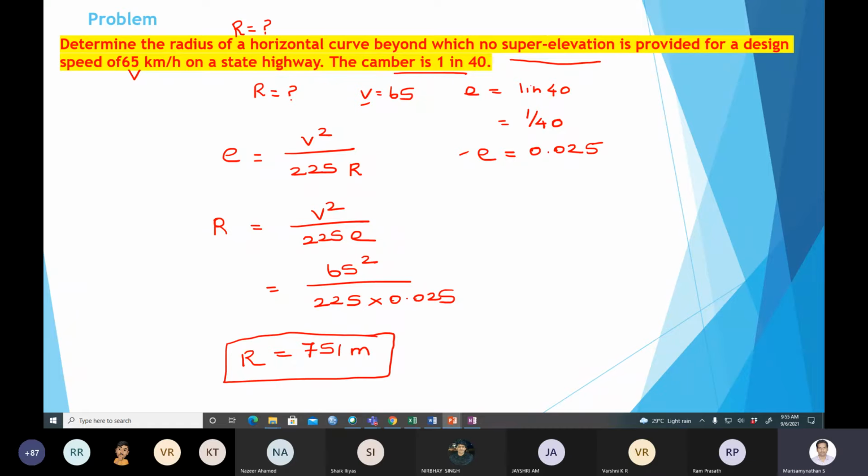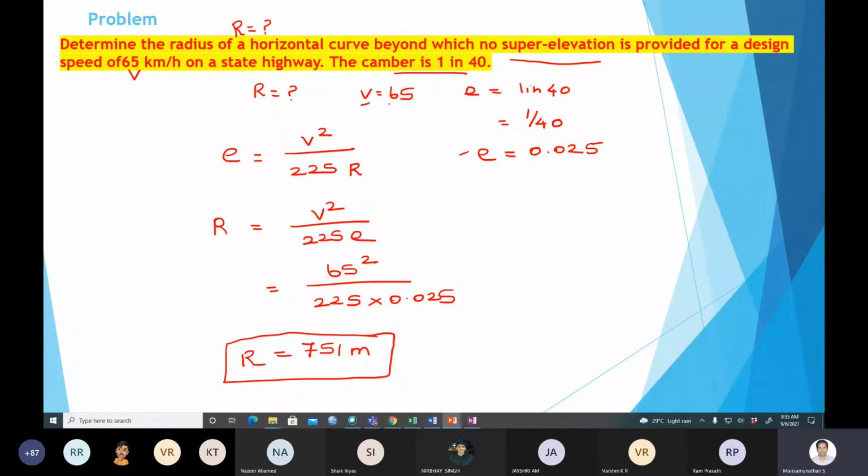So I hope this is a simple problem. They were asking to estimate the radius of the horizontal curve with the condition that no super elevation is provided for the design speed of 65 km per hour on a state highway. But the camber value, or cross slope, provided is 1 in 40. So that slope is considered as super elevation for designing the horizontal curve.